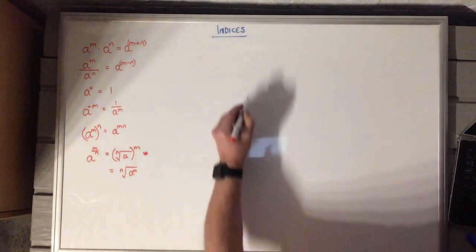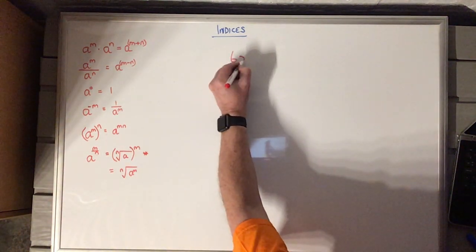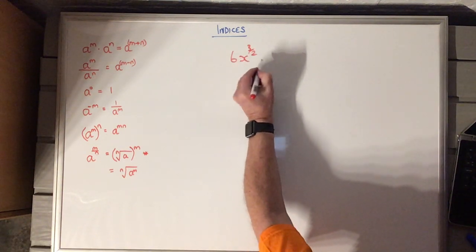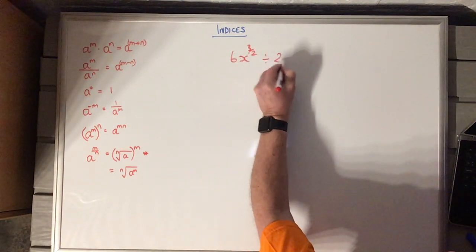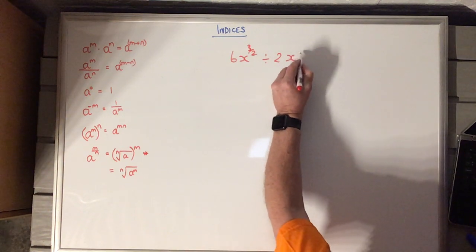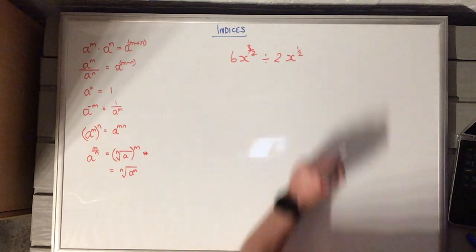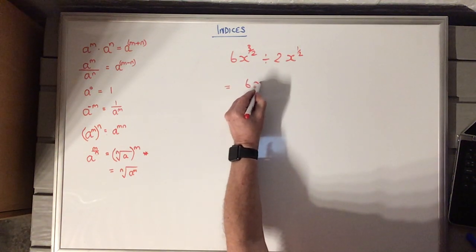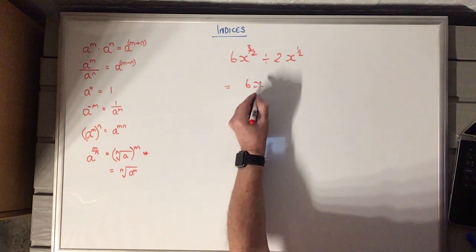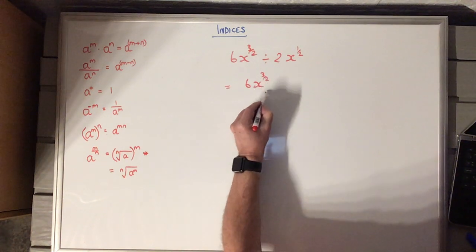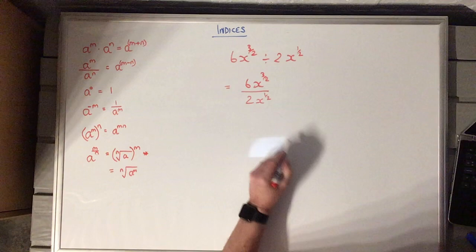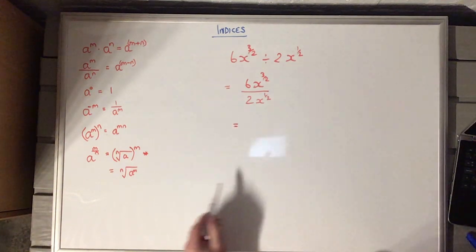What about this question? 6x to the power 3 over 2 divided by 2x to the power a half. Well, I would like to write that as a fraction. So that's 6x to the power 3 over 2 all over 2x to the half. I think that's a better way to do it. That's the way we've got here.